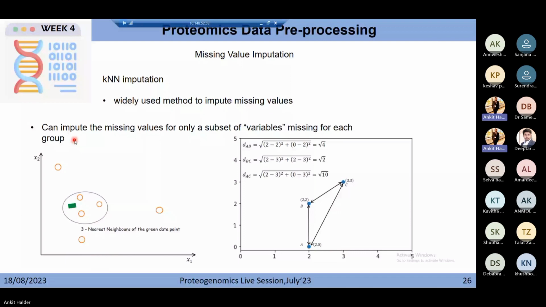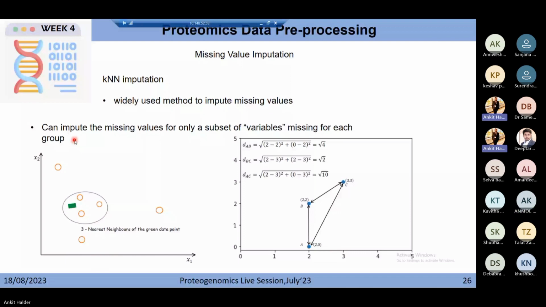Firstly, you filter out all those variables that have more than 30% of the missing values. Then you take the control group and do an imputation with those missing values, so that it gets all the features nearest to it for that particular group, and then it will impute it.